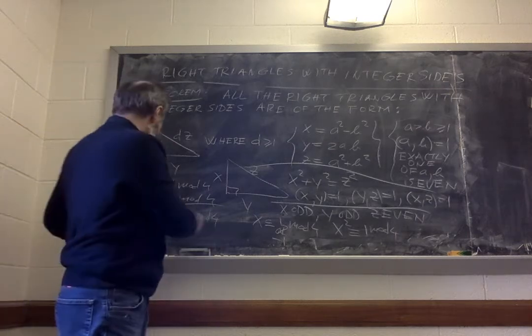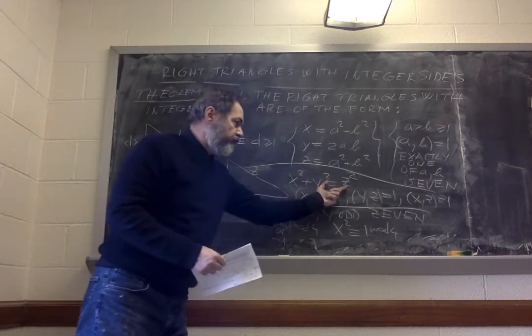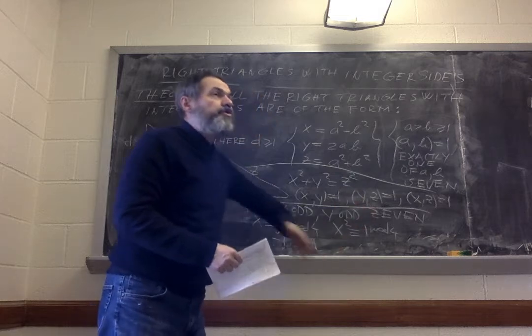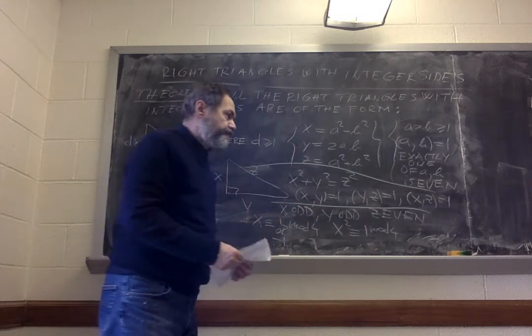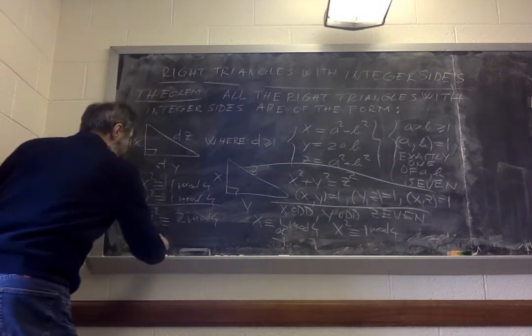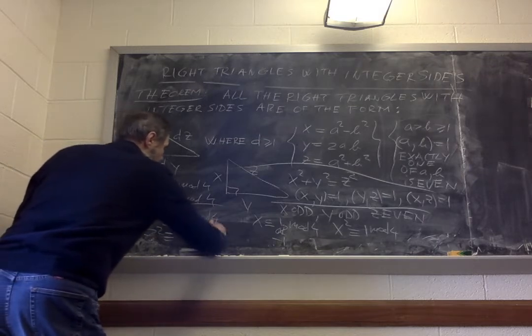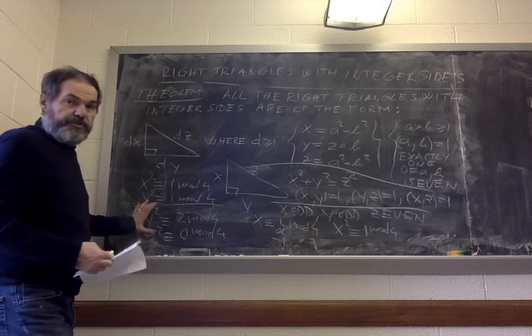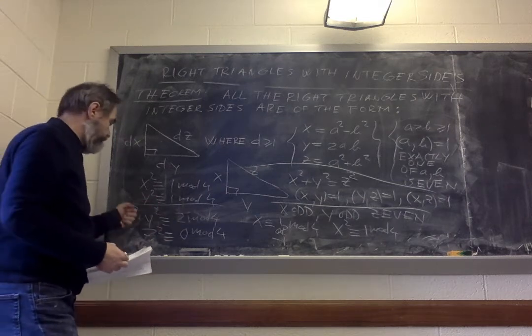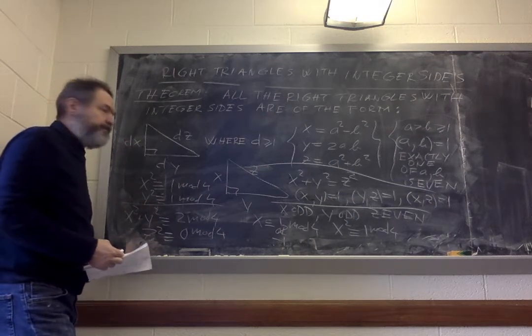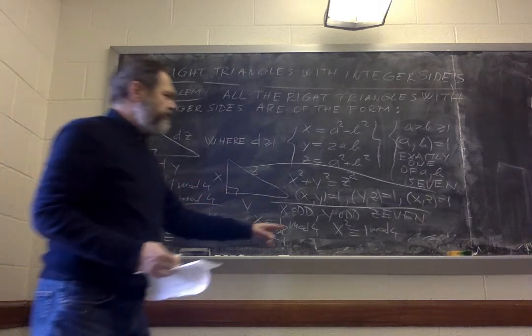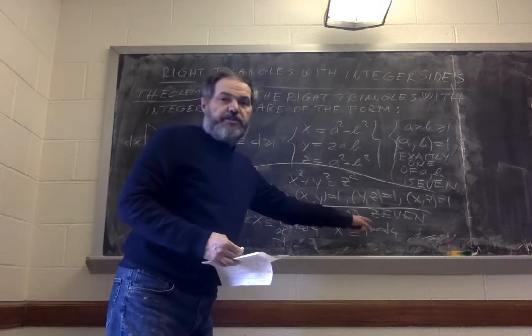But this is supposed to be equal to z squared. But z being even, when you square it, it's a multiple of 4. So z squared is not congruent to 2 mod 4, it's congruent to 0 mod 4. So we get a contradiction. In this case, x squared plus y squared cannot be equal to z squared. This shows that the even one is not z.